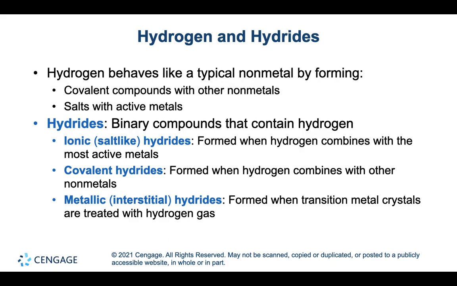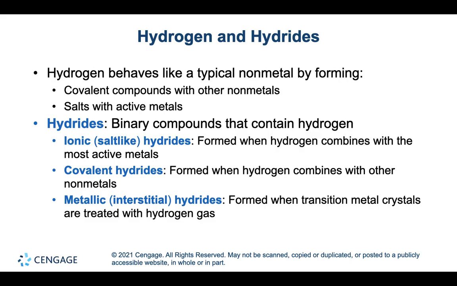Your metallic hydrides are when transition metals are treated with hydrogen gas. In that case, the hydrogen really doesn't bond to the metal atoms typically in an ionic way. What happens is the hydrogen gets in between the atoms of the metal, and so you actually get interstitial hydrides.